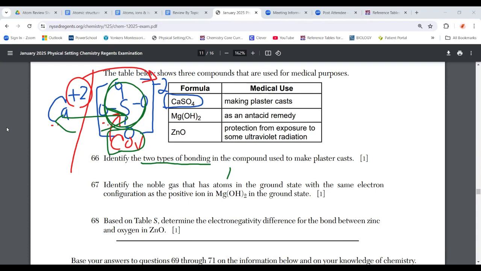The only trap you could fall into is accidentally bringing up metallic bonding, which doesn't apply here because you'd have to have a pure metal. And there's nobody on this list that's just a metal by themselves. These are all compounds. They say that in the question. There's no such thing as a compound in metallic bonding.